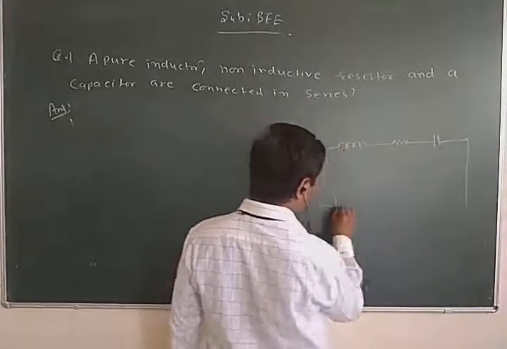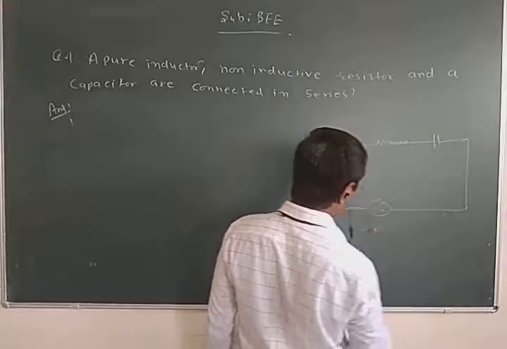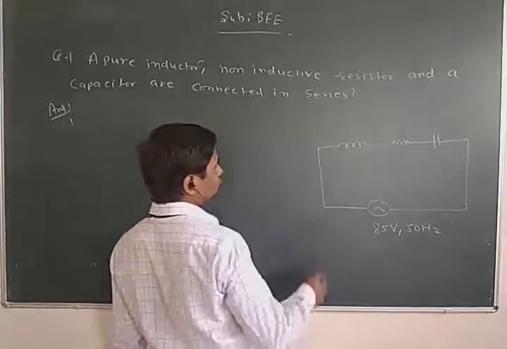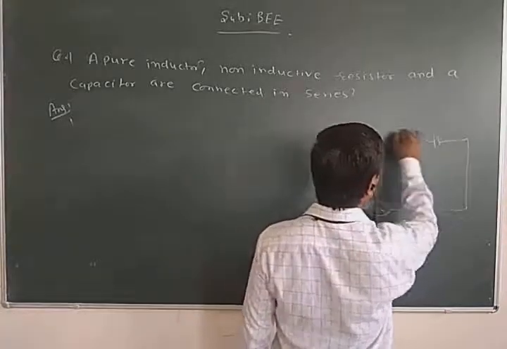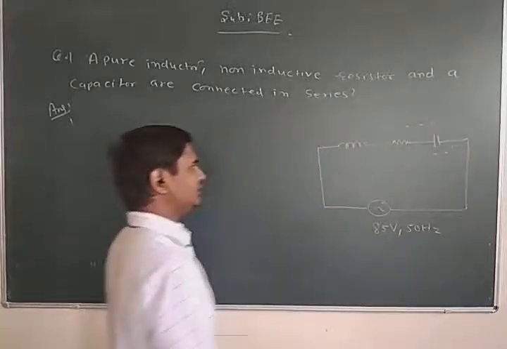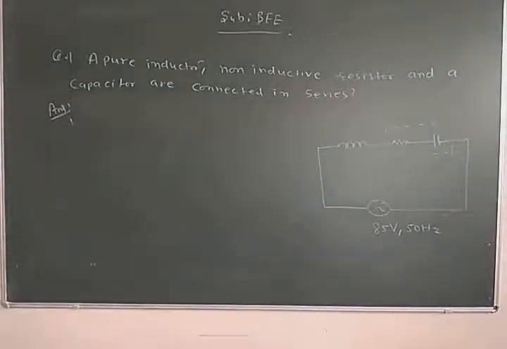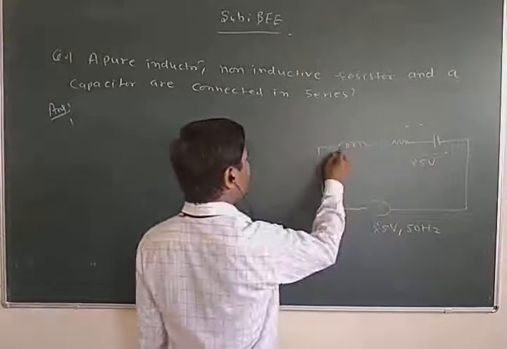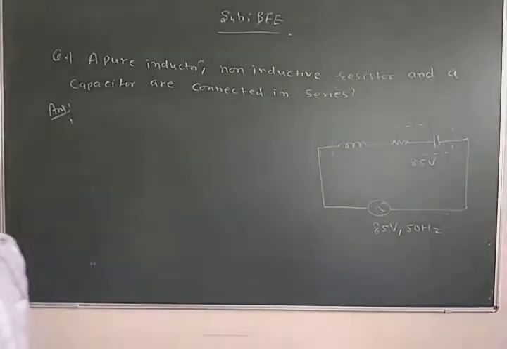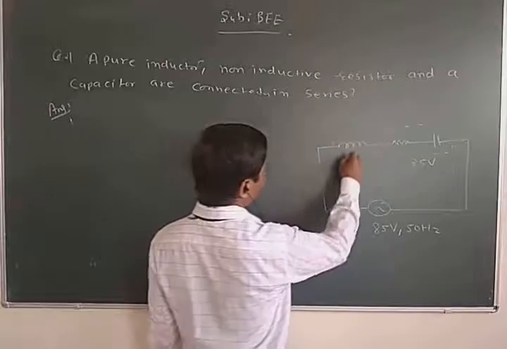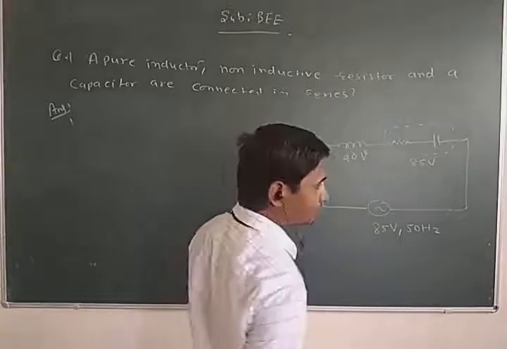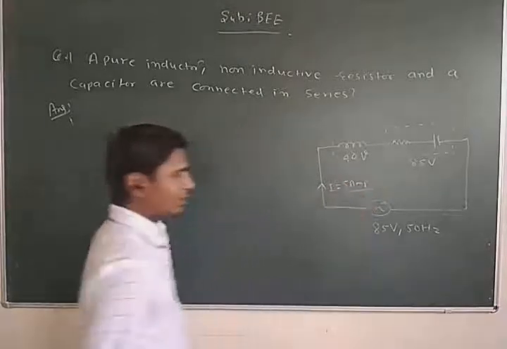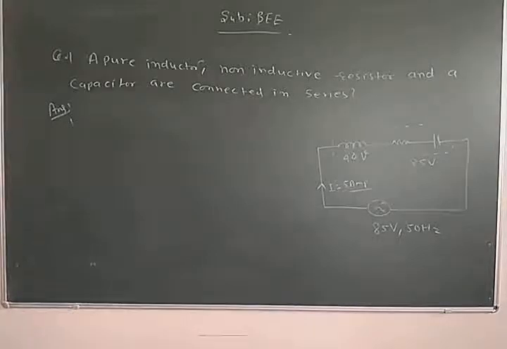This is the circuit. Now the input is AC, magnitude 85 volt, 50 hertz. The voltage across the resistance and capacitance elements is 85 volt, and the voltage across the inductive element is 40 volt. The current in the circuit is 5 ampere.